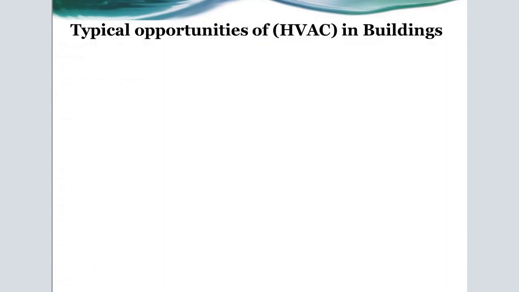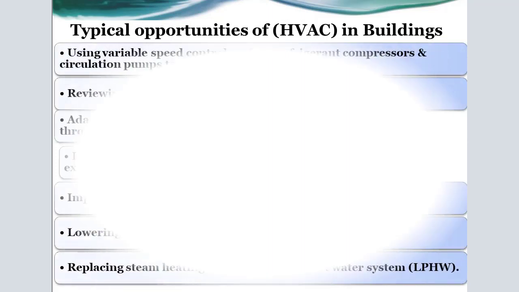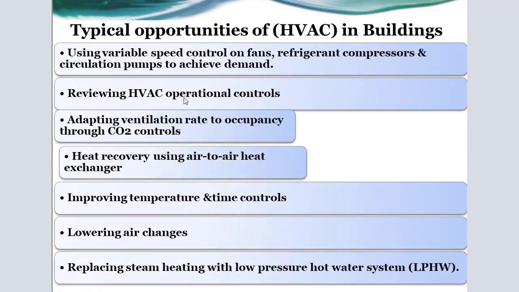Now, typical opportunities for heating, ventilating, and air conditioning systems in different buildings can be summarized as using variable speed controls on fans, refrigerant compressors, and circulation pumps in order to achieve the required demand, and also reviewing the operation controls of the HVAC system.